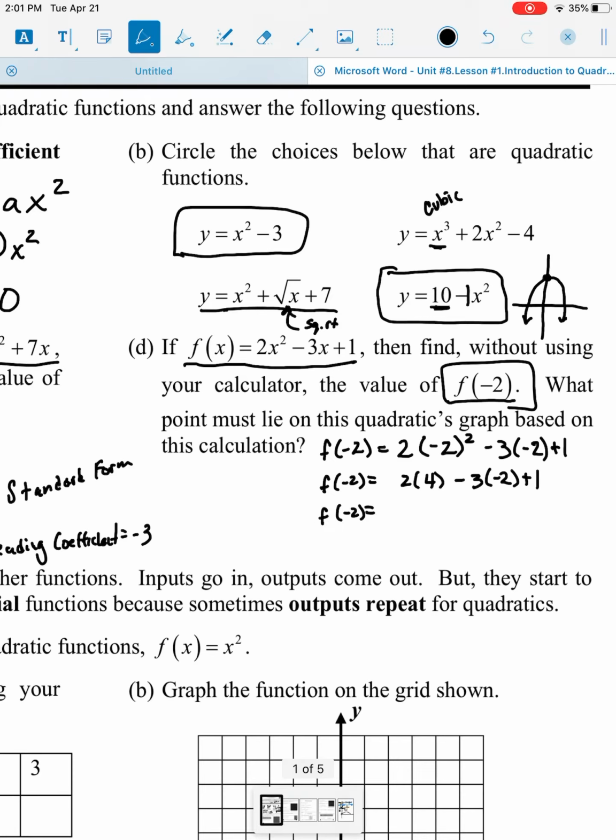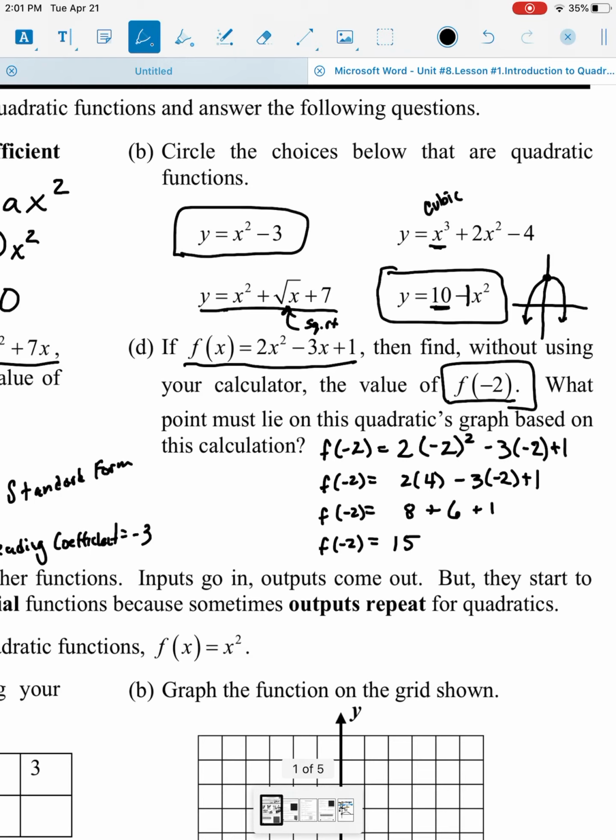And one more step here. 2 times 4 is 8. -3 times -2 is +6 plus 1. And it looks like f of -2 happens to equal 15.